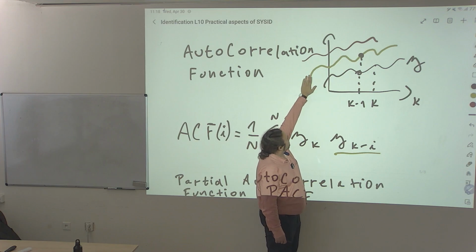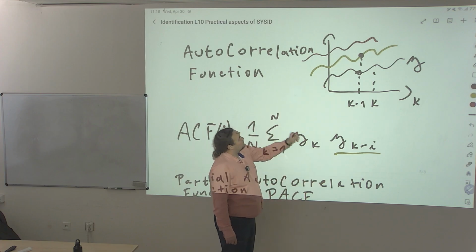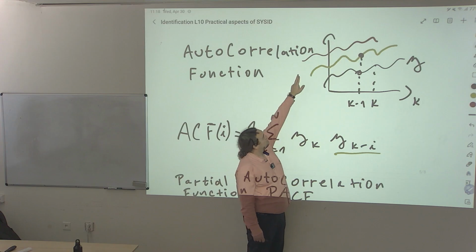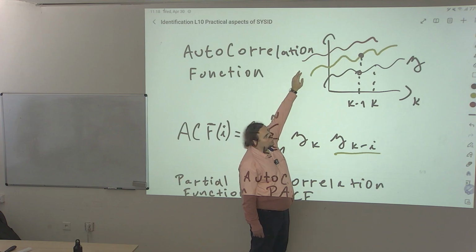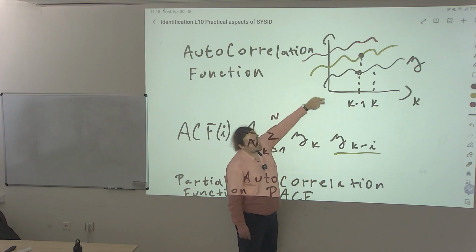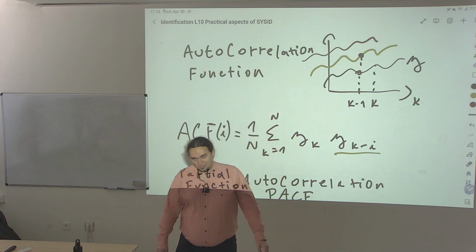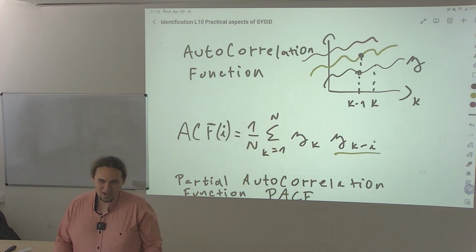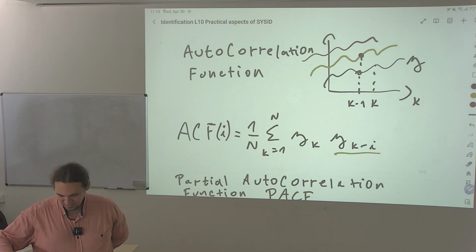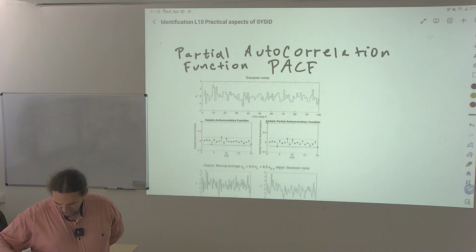If there is a correlation between black and yellow, then the partial autocorrelation function, when calculating the correlation coefficient for the red signal, would remove this correlation between the black and yellow. It's a very crude explanation. Let's see how it works in the examples.